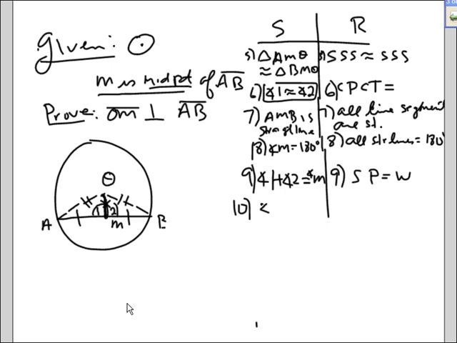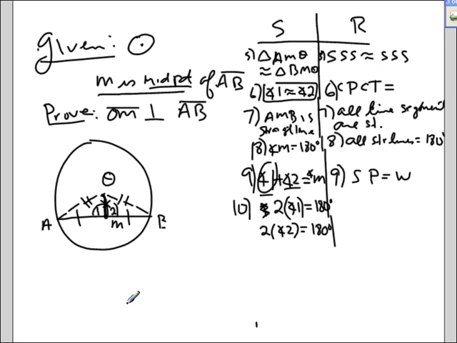So, 2 times angle 1 is angle M, which is 180. 2 times angle 2 is 180. Basically, instead of angle 1, I'm calling it angle 2.